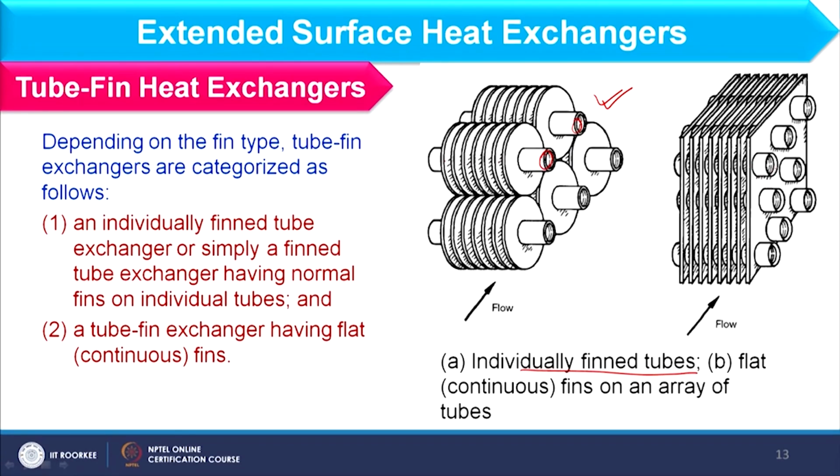And secondly, we have a number of tubes and we have an array of fins. This is basically an array of fins, and this we call flat fins on an array of tubes. The tubes are arranged in a definite pattern, so this is basically the array, and we are considering the plate fins over here, but because it is inserted over the tube, it is called tube fins.